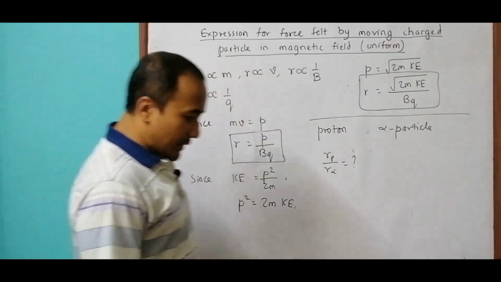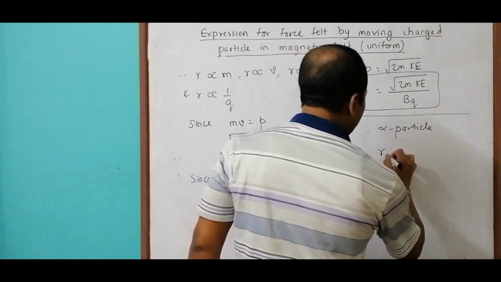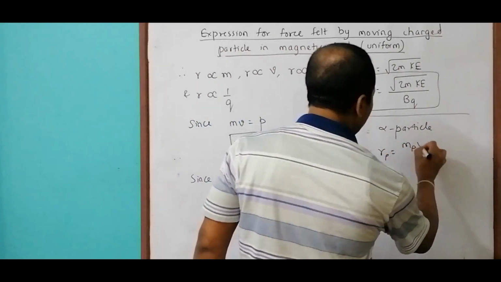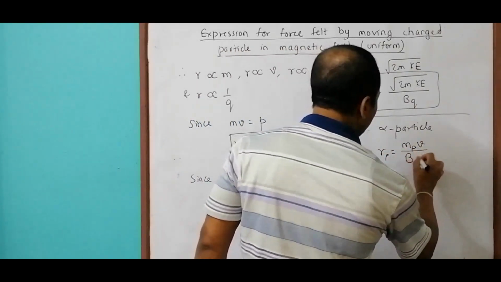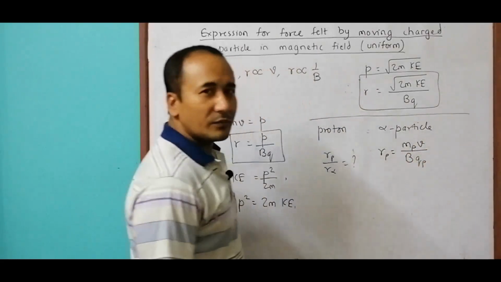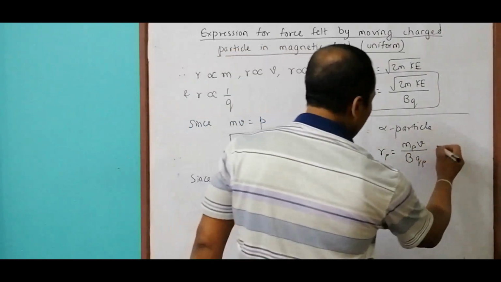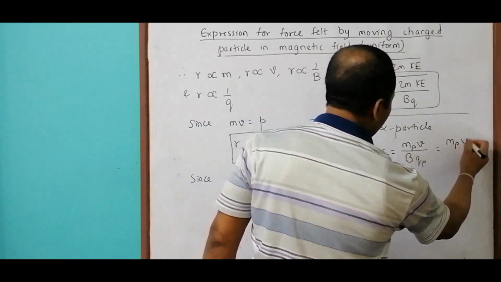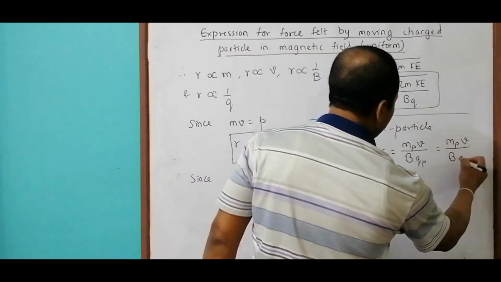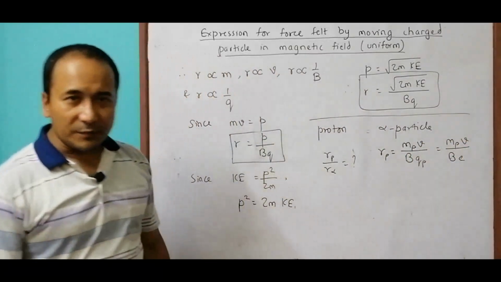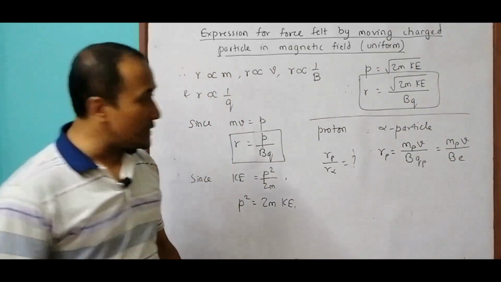The radius for the proton should be equal to mass of proton into v by B into q of proton. So mp is mp, v is okay, B, and this is e, because the charge of a proton is the fundamental charge e.